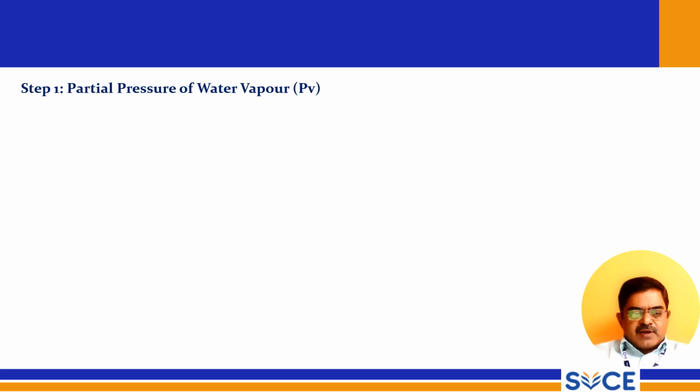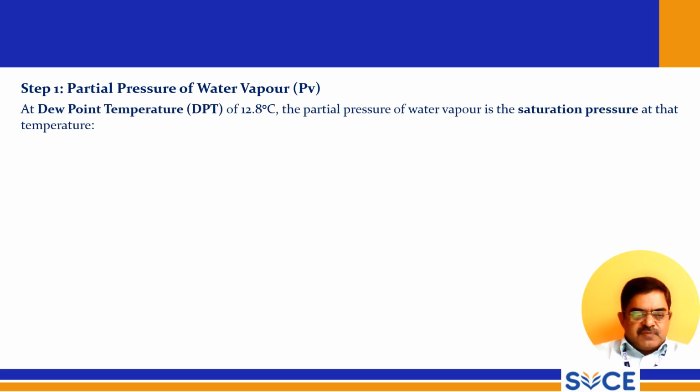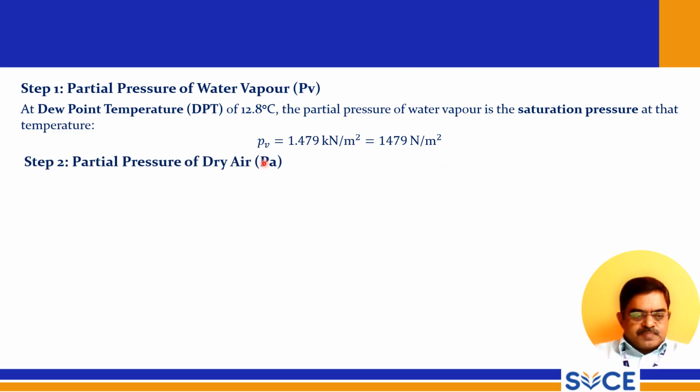First is the partial pressure of water vapor, that is Pv. At dew point temperature of 12.8 degrees Celsius, the partial pressure of water vapor is the saturation pressure at that temperature. So Pv equals 1.479 kilonewton per meter square, that is 1479 Newton per meter square. So this is the partial pressure of water vapor.